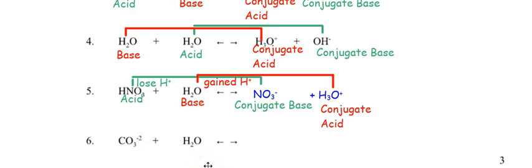Now, here's water. Water can act as an acid or a base. Look right here. Here water is an acid, here water is a base. So I don't know what to do with water. It really is going to depend on what it's paired with. All right. So what do you notice about carbonate? Is there a hydrogen? No. Can it be an acid? There is no hydrogen to lose. So if it's not an acid, it must be a base.